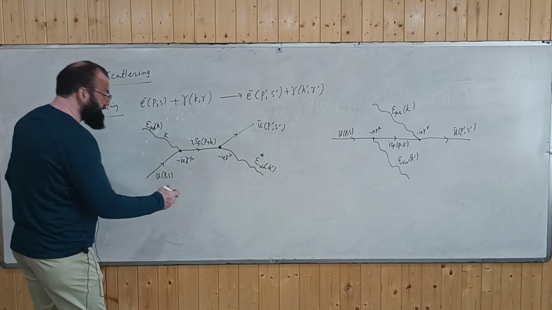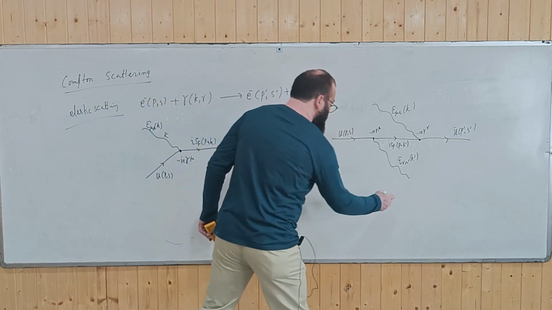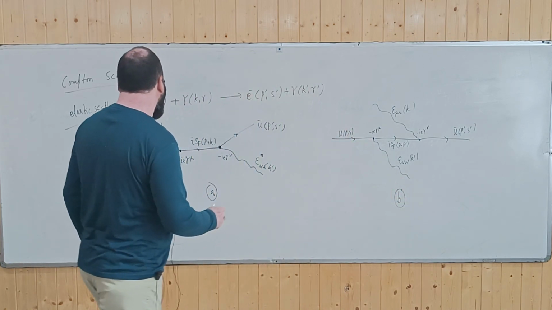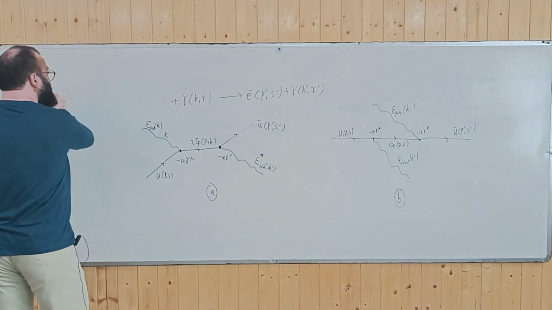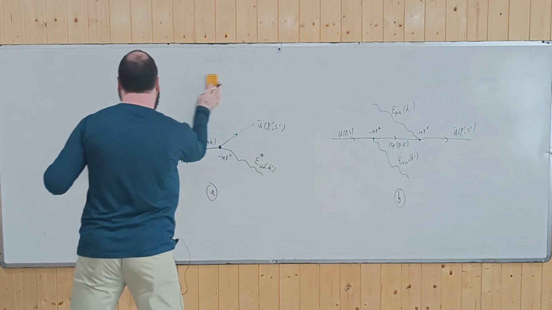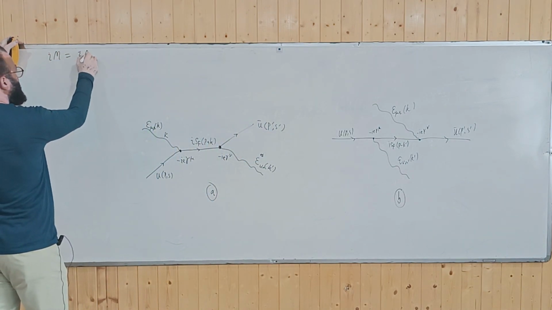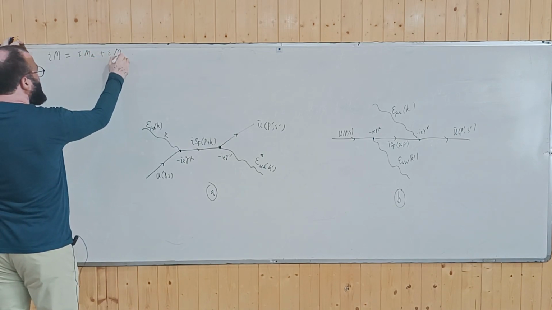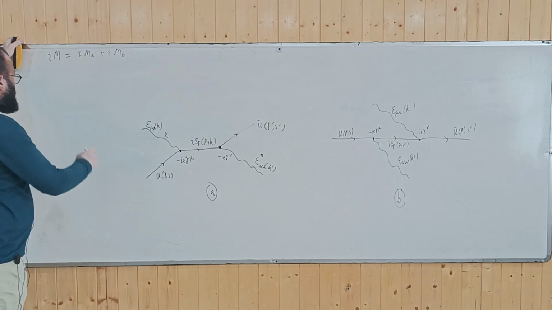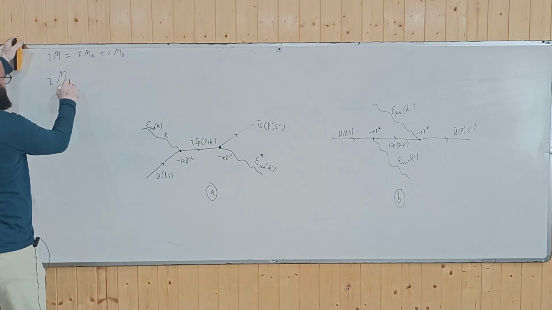Understood? So let's call this diagram A and this diagram B. Now tell me what is the Feynman amplitude for this diagram? Well, listen. The total Feynman amplitude will be the sum of the Feynman amplitudes of A and B.